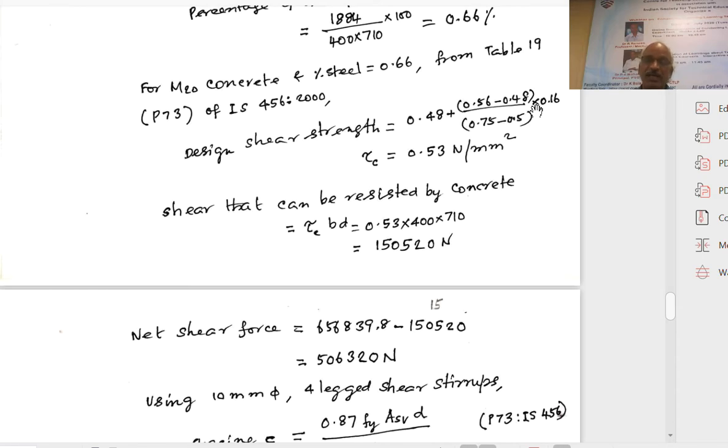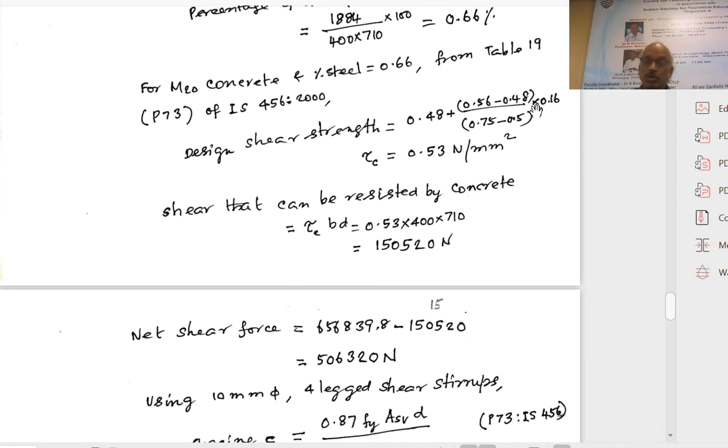Before designing the shear reinforcement, we know the concrete section itself will be able to take some shear force. That is the shear that can be resisted by the concrete, the shear capacity of the concrete, equal to tau c into bd. Tau c equal to 0.53, which you have got from the table, into b 400, into d 710 effective depth. So that gives 150520 Newton.